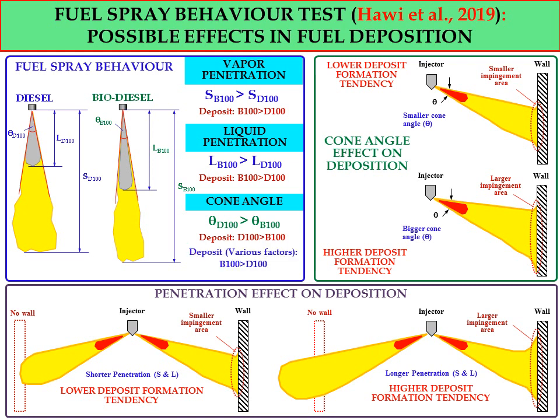That causes a greater amount of deposit to accumulate for B100 compared to diesel fuel, although the cone angle for diesel fuel is greater than for biodiesel fuel B100.